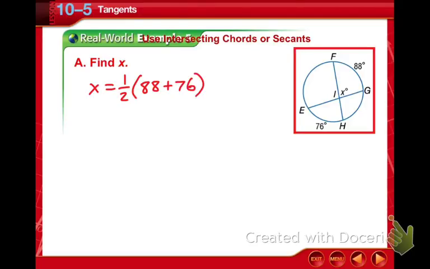So we add all these together and multiply by 1/2. 88 plus 76 comes out to be 164. Multiply by 1/2 or divide by 2, and we get 82 degrees.